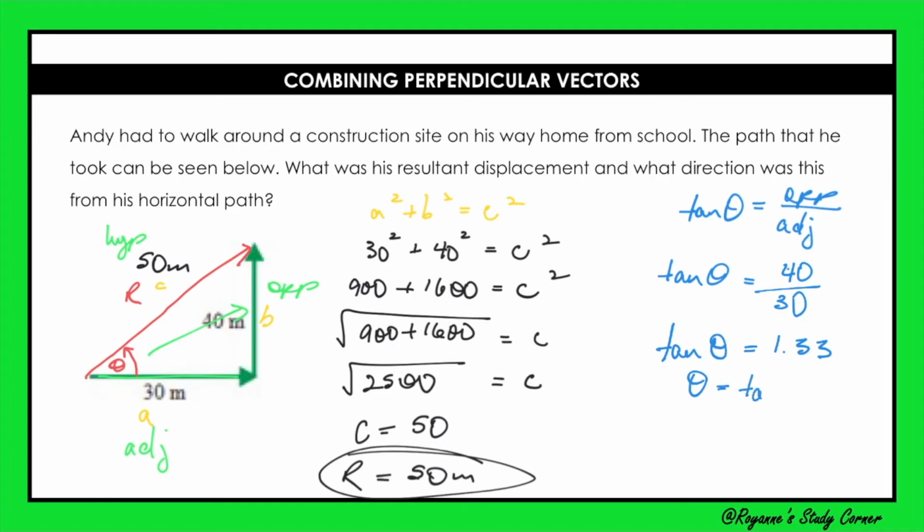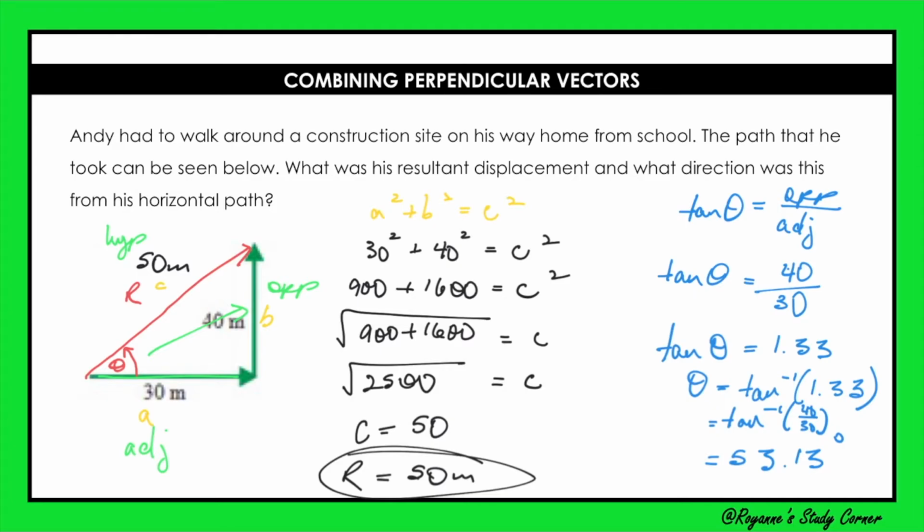When tan goes over to the other side, it becomes tan inverse of what we just found. Or if you felt like leaving it as a fraction, tan inverse of 40 over 30. This will give us an angle of 53.13 degrees.